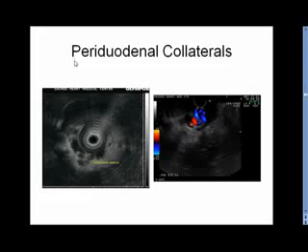And one of the more useful signs are periduodenal collaterals, which are not really expected because the patient doesn't have portal hypertension. Here they are seen on a radial endoscopic ultrasound. Here's the transducer again in the duodenum, and here are these serpiginous tubular structures which turn out to be venous collaterals, and this is a color flow Doppler.